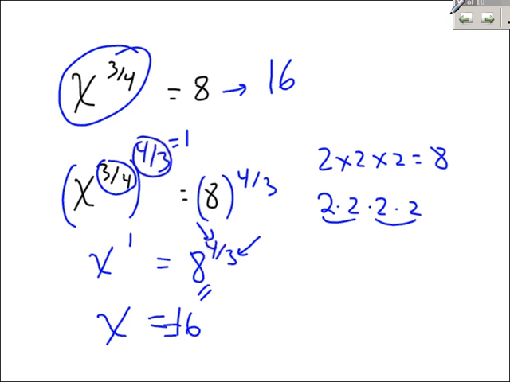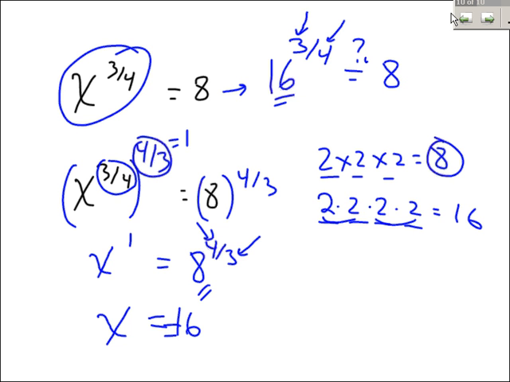X is 16 to the 3/4. Does it equal 8? Well, what times itself 4 times gives you 16? 2. 1, 2, 3, 4. 2 times itself 4 times is 16. And take that answer 2 and multiply it by itself 3 times. And we get 8, just like we should.